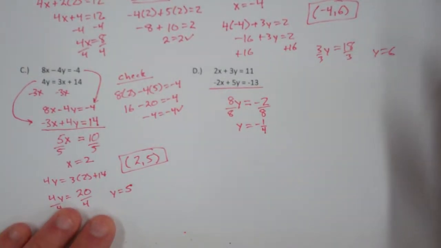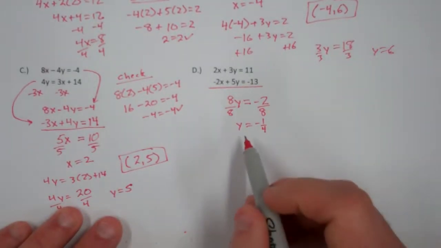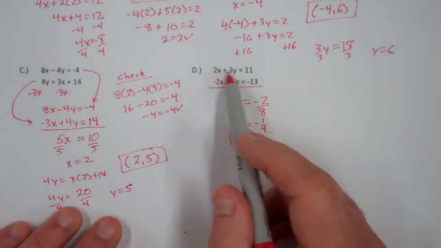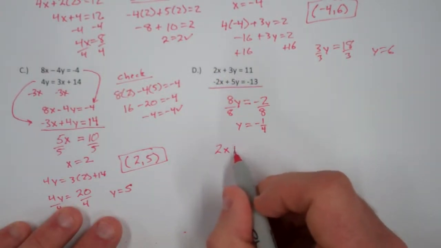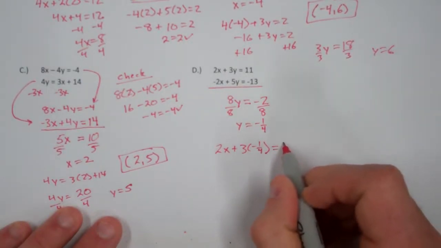All the ones we did previously had integer solutions, but you can have a fraction solution. So let's see if we can work with this one, and we'll use maybe this top one to try to find x here. So it's 2x plus 3 times negative 1/4 is equal to 11.